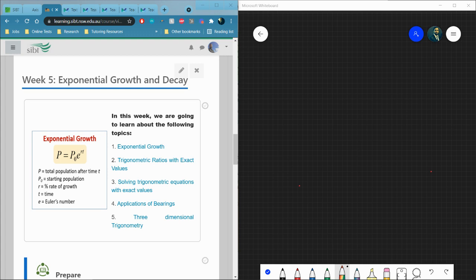We discussed y equals e to the power x, and that leads to x equals log base e of y, and log e means ln, so it's just ln y. Now this will play a huge part in today's concept.